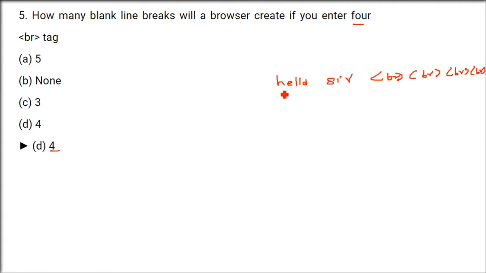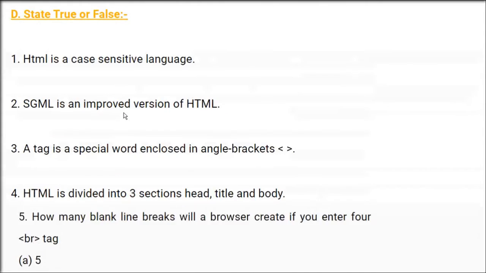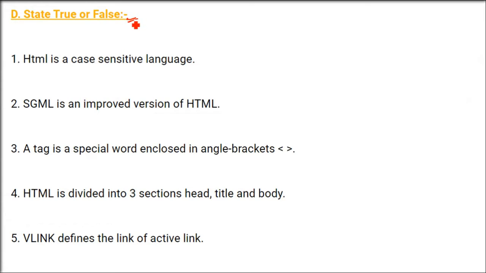It is only one tag. So 1, 2, 3, 4. 4 lines will be free. And then whatever you have written after this, how are you, will come after 4 lines. 4 blank lines will be created by this BR. Please know that there is no /BR.